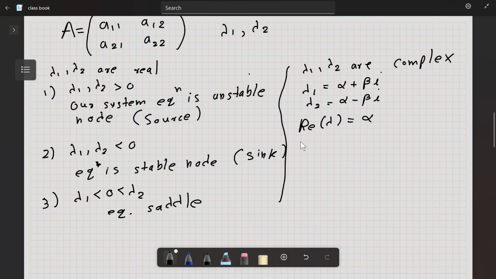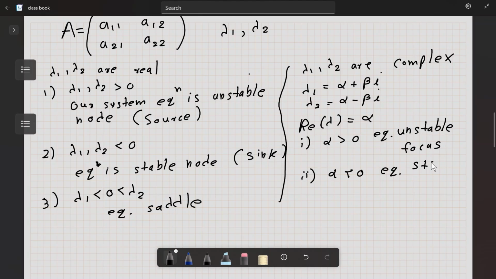If alpha is positive, the equilibrium point is an unstable focus. If it is negative, our equilibrium point will be a stable focus.